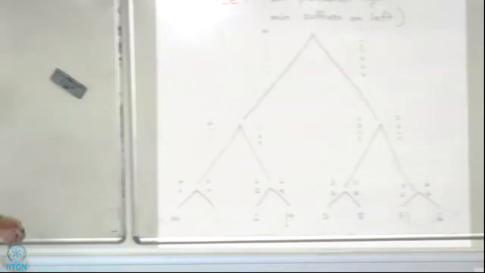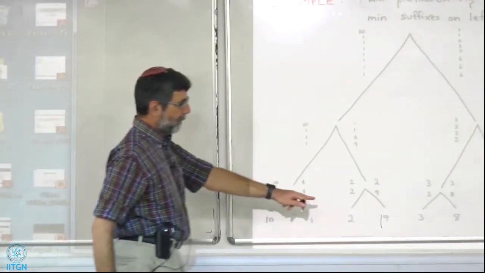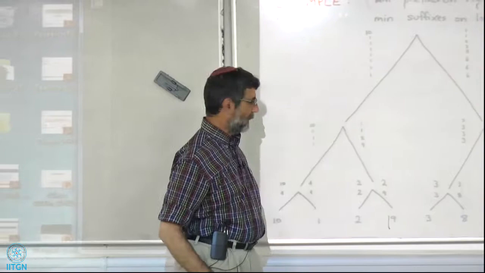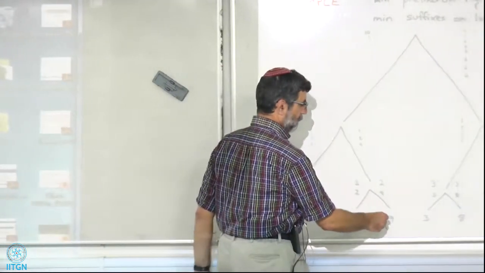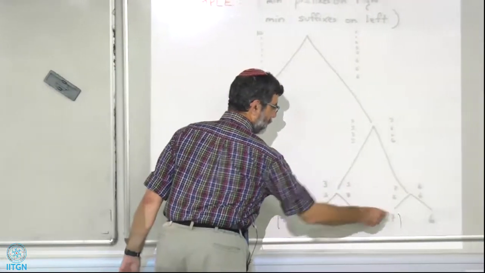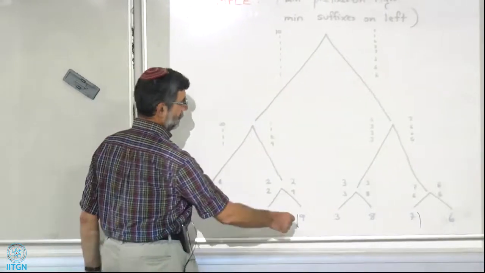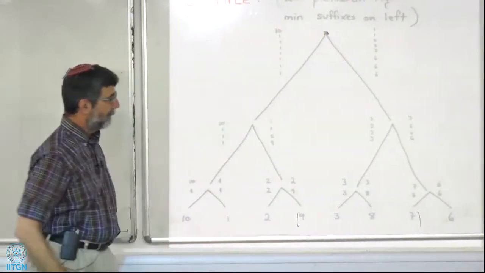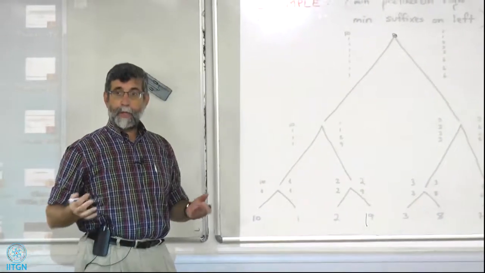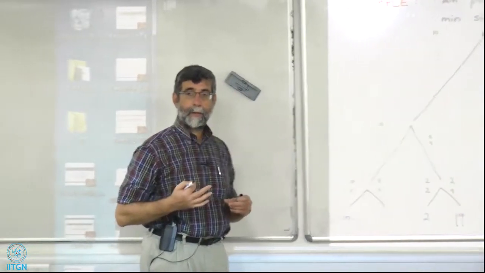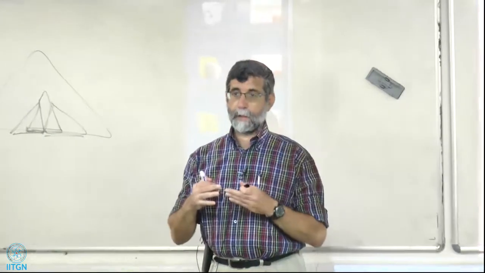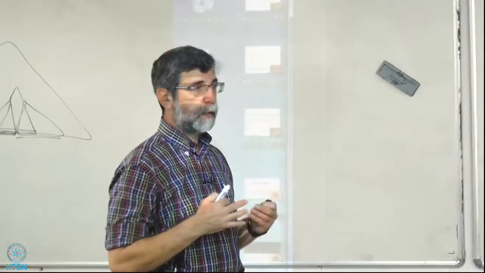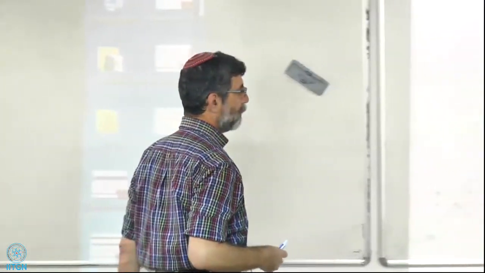In fact, we see that the minimum in this range is 3. But let's see what we're going to do. The first thing we need to do is to find the LCA of 9 and 7. The LCA of 9 and 7 is, in fact, here. Both of them are in this tree. That's the lowest common ancestor of the two of them.